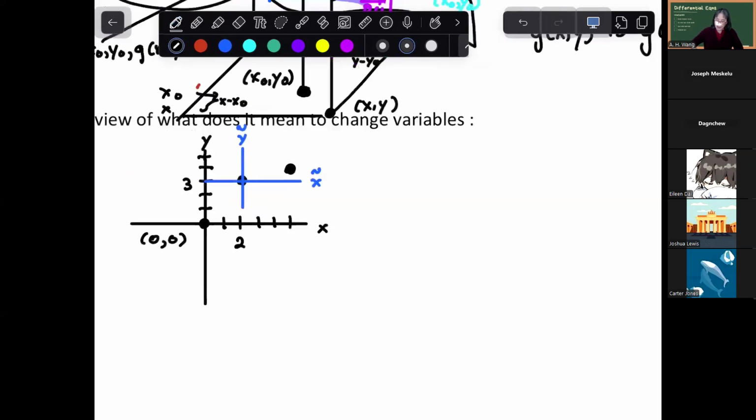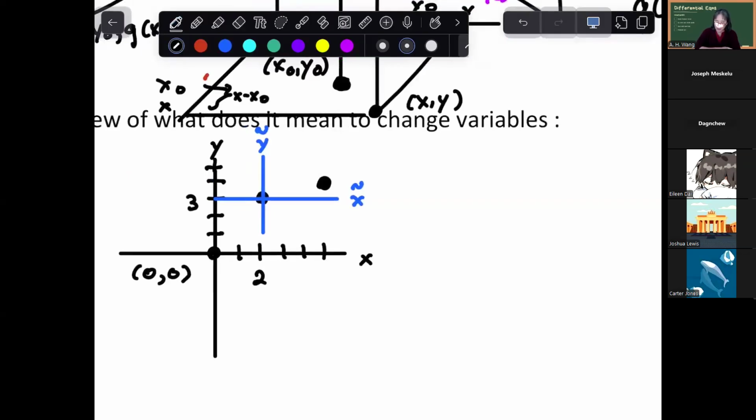We have a black coordinate system, xy, and a blue coordinate system, x tilde, y tilde. Can somebody tell me the coordinate of this point in the black system? 5, 4. Yes, 5 comma 4. So that's the xy.